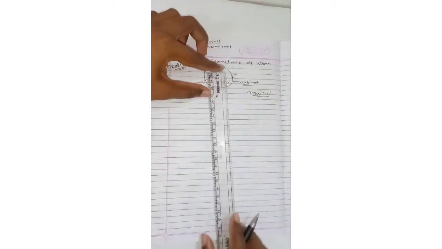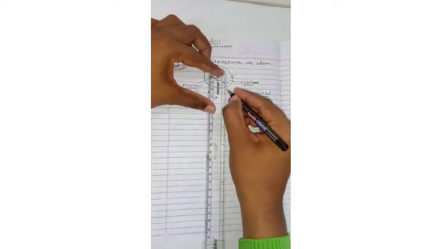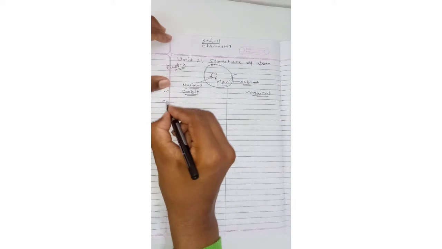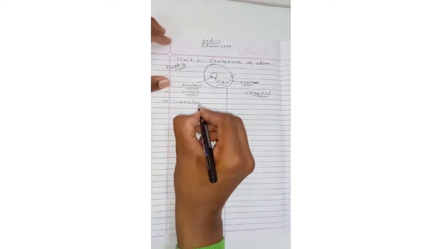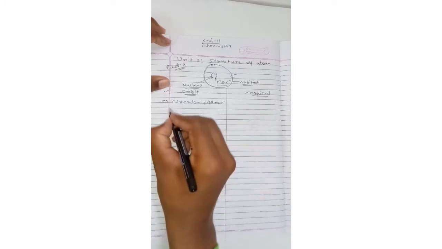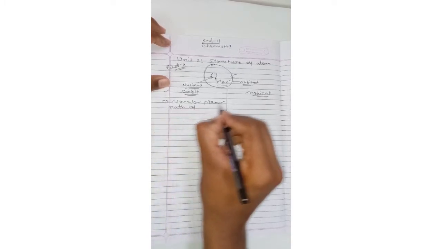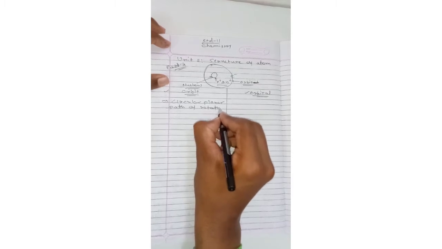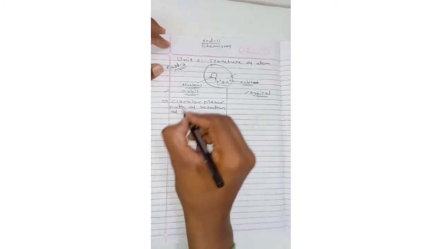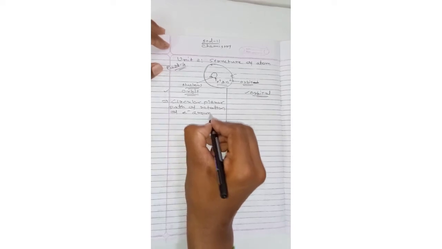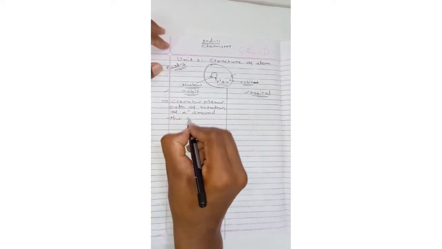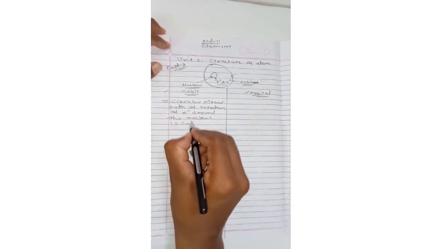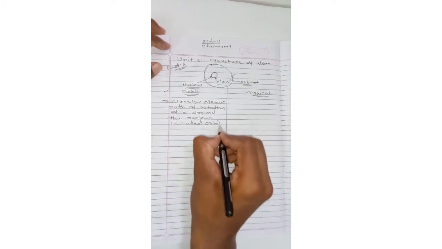So first of all, let's see what an orbit is. The circular planar path of rotation of an electron around the nucleus is called an orbit.